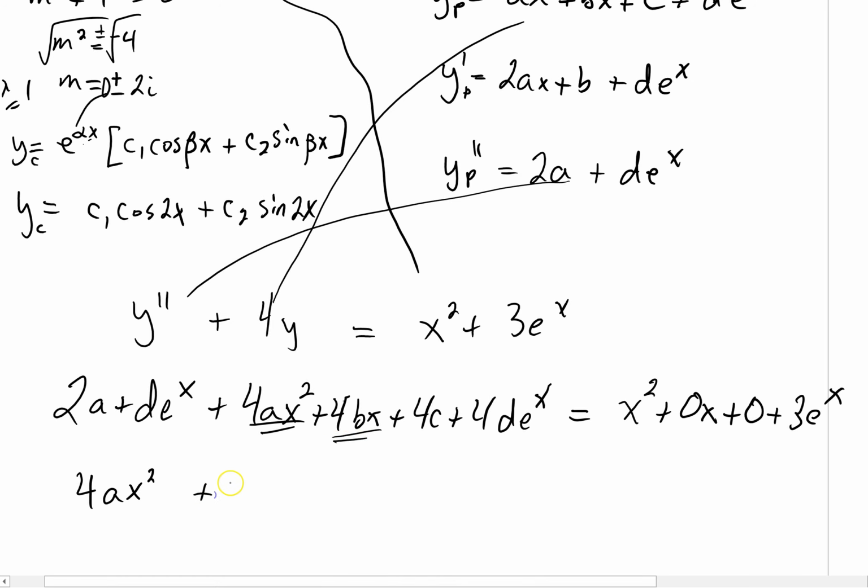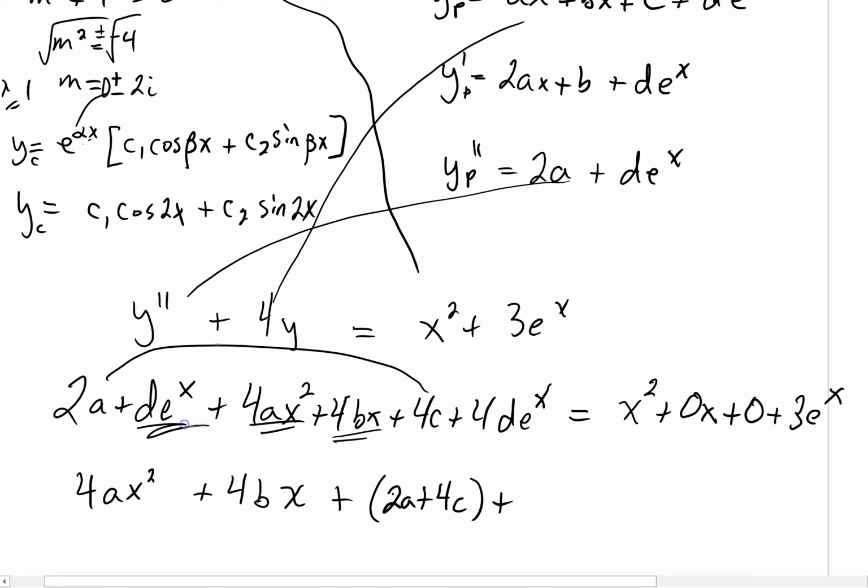That's only going to be here with a 4bx. How about just terms without any x whatsoever? Well, that would be a 2a plus 4c. And then finally, we have a 1d e to the x and a 4d e to the x. That becomes a 5d e to the x.